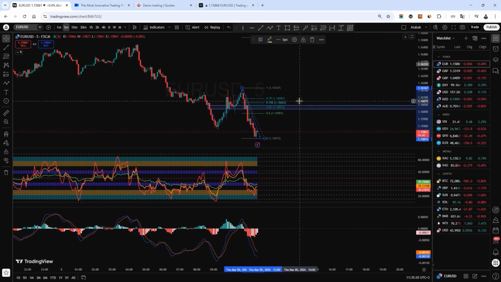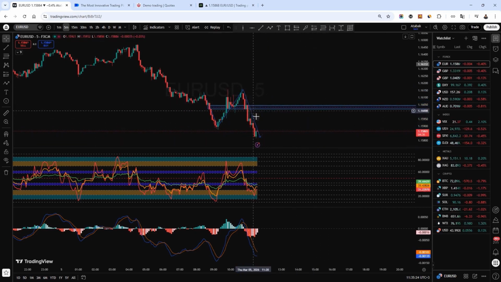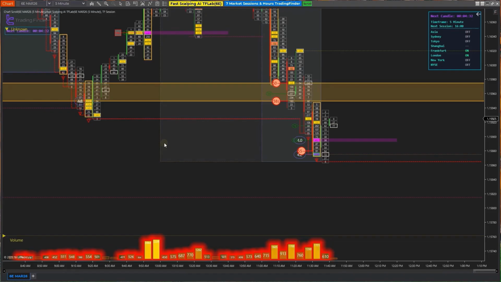And then it should ideally start to move back up again. Looking at the volume chart as well, we can see a very similar trend. The price is moving upward.